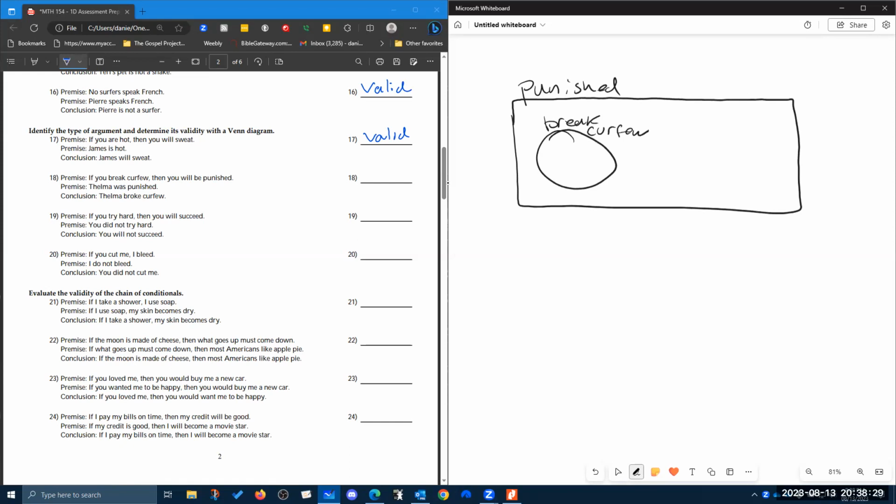I don't know, though, why she was punished. It says, therefore, Thelma broke curfew. This is invalid, right?